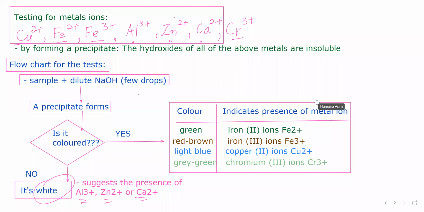Now, I am going to continue here. Since we have already discussed all the colored precipitates and the possibility of the ions present in them, now we will go to the other side where we said that it is not colored. So it means it is white, and there is a possibility of aluminium, zinc, or calcium. We will see on the next slide how we are going to differentiate.